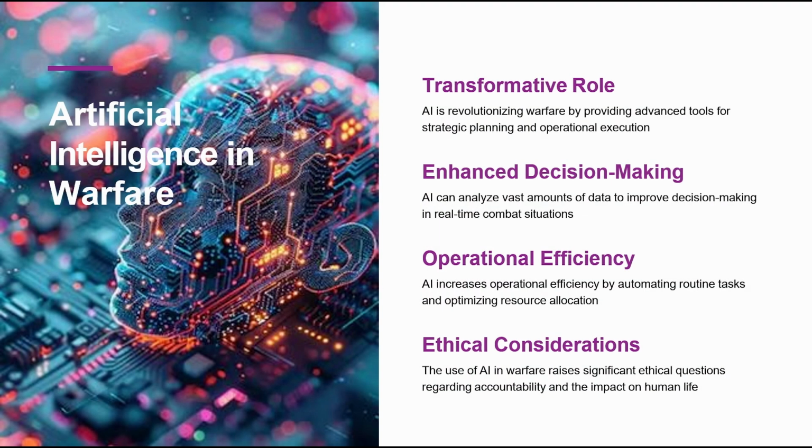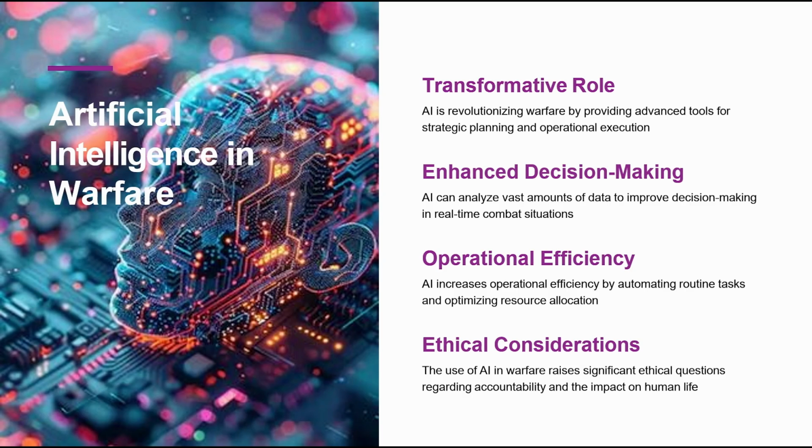So the first, maybe important, not solution, but application that they are running on the Delta system is artificial intelligence solution called Avengers. So the artificial intelligence certainly has revolutionized the warfare, providing tools for strategic planning and operational execution.